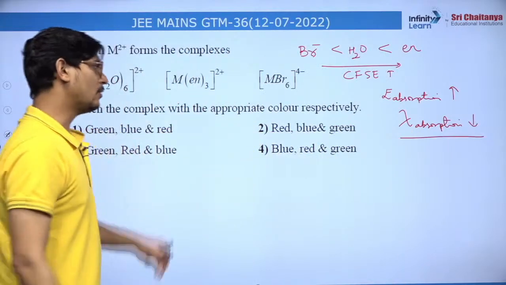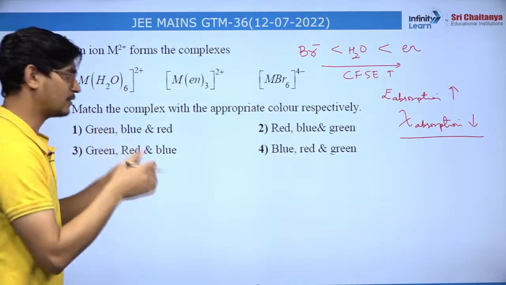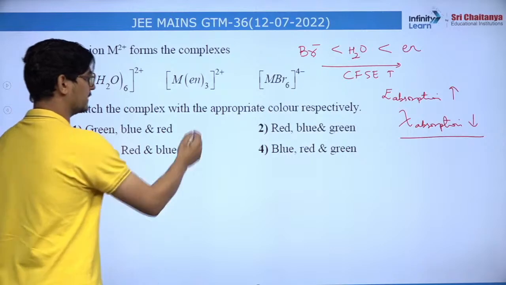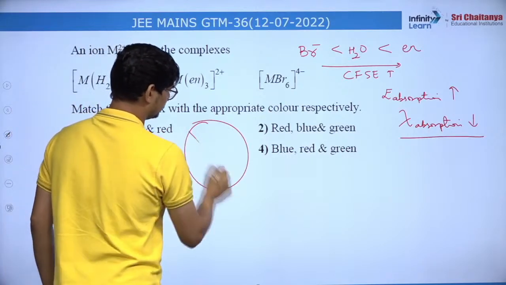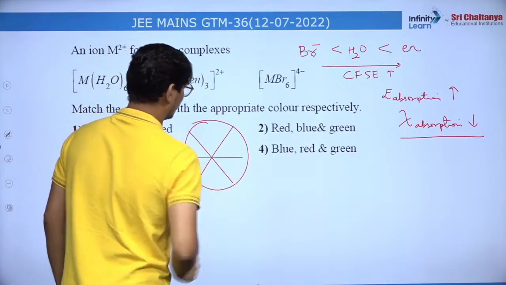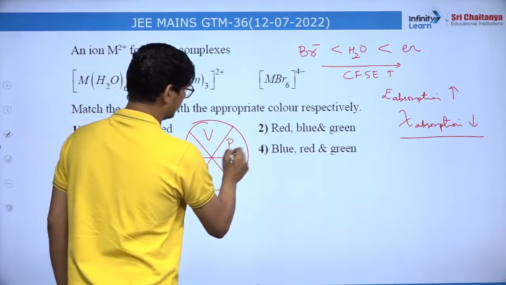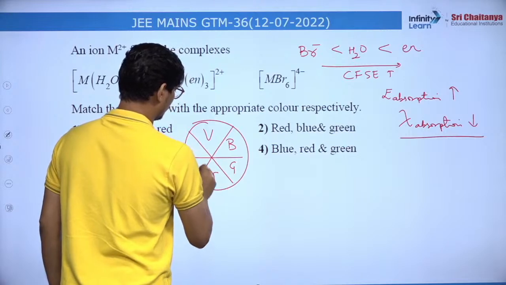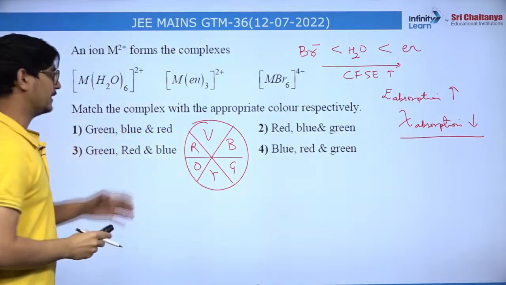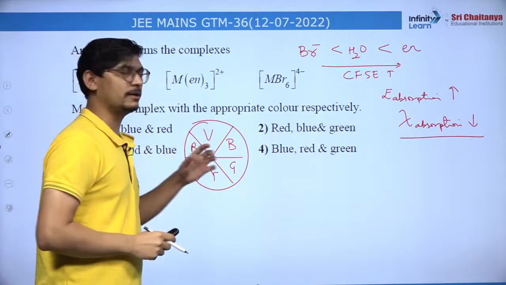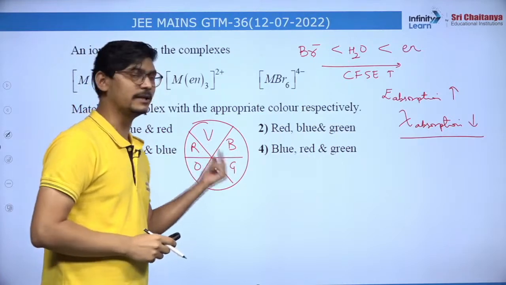Is that clear? Now, how do we relate the absorbed color and the emitted color? Basically, we can use the color wheel. So this is violet, skip indigo, then B, G, Y, O, and R. If a complex appears red, it absorbs green radiation.